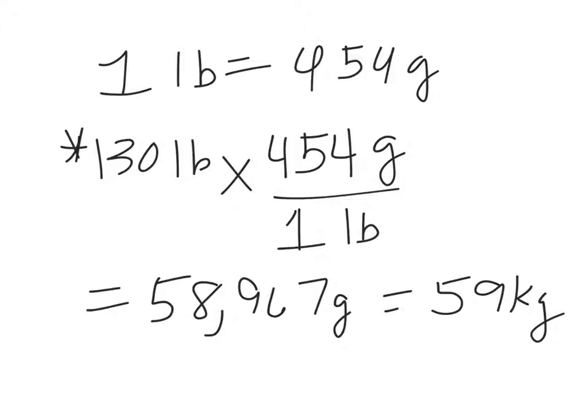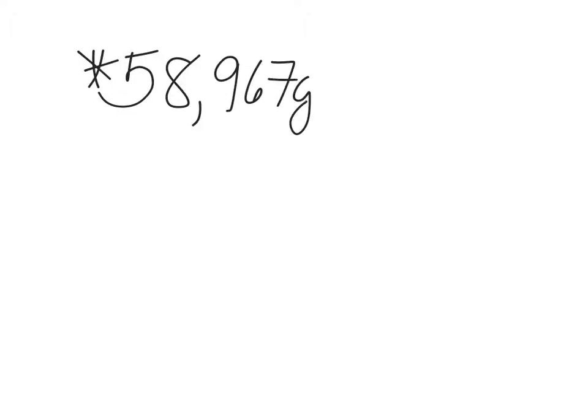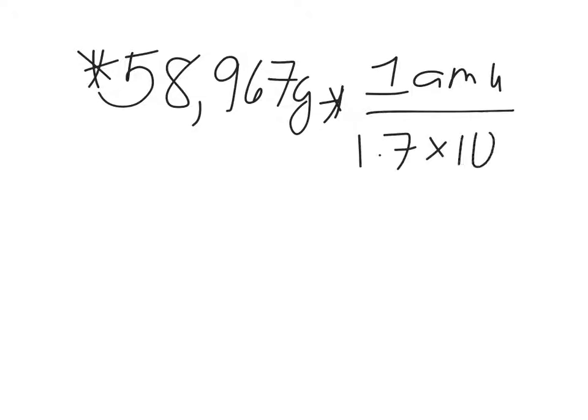Then we can take this calculation one further. That 130-pound person has a mass of 58,967 grams. And I also know that I have one atomic mass unit for every 1.7 times 10 to the minus 24 grams.